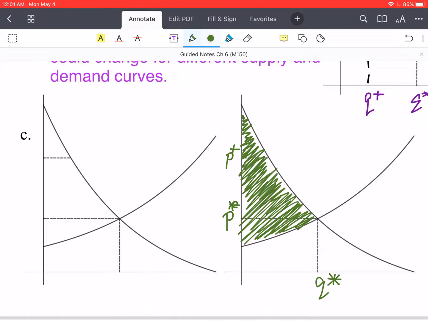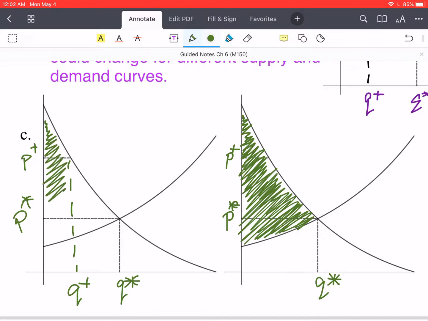However, at the altered price, we have our P plus up here, P star, Q star. We have our new value Q plus in here. This is the area beneath demand, above supply. But now we're subjected to this additional constraint. So we have that area right there.